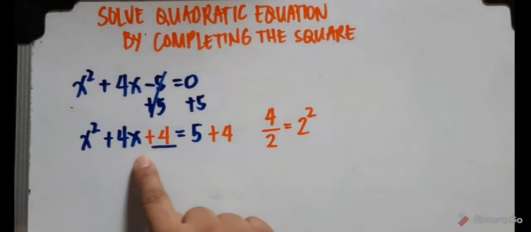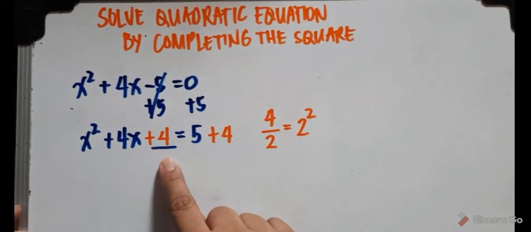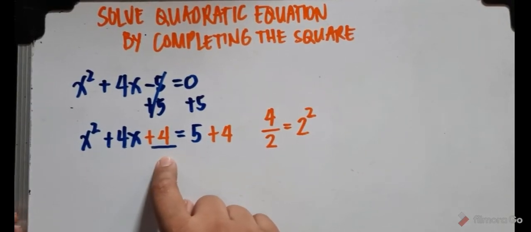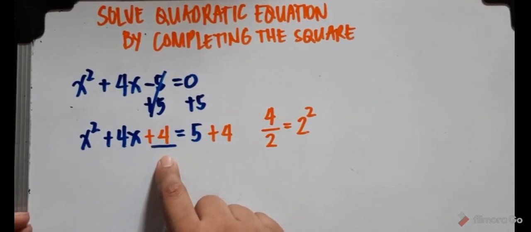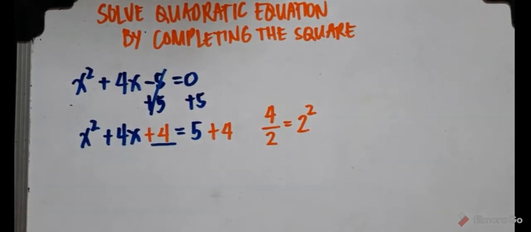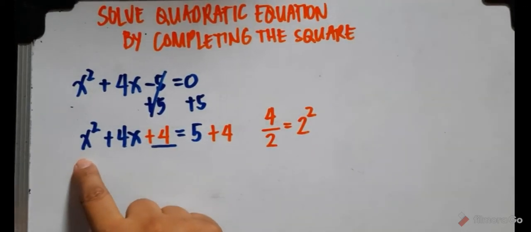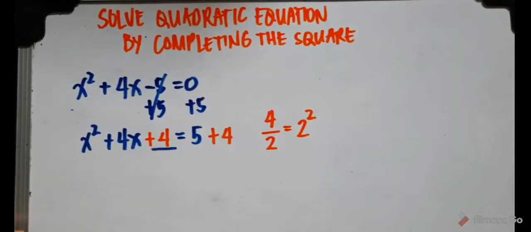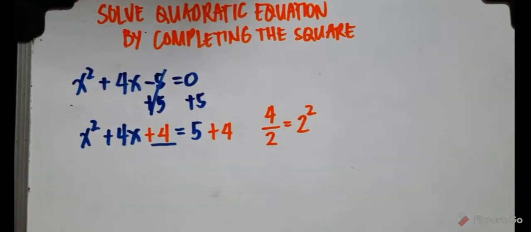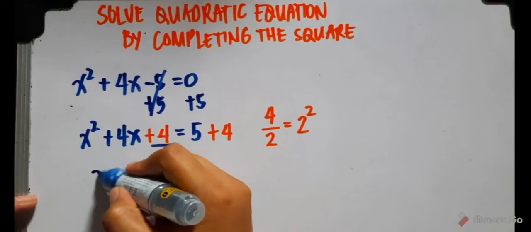So this is now a perfect square trinomial, and we are going to express this as a square of a binomial. How are we going to obtain a square of a binomial? First, we get the square root of the first term. Square root of x squared is x.